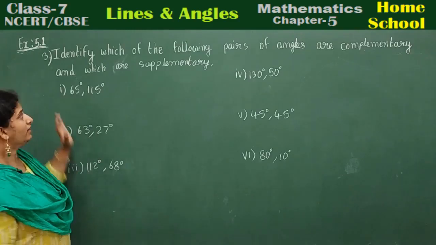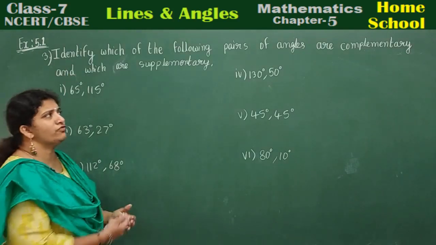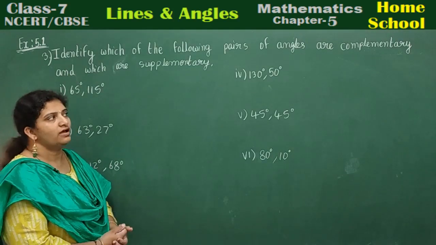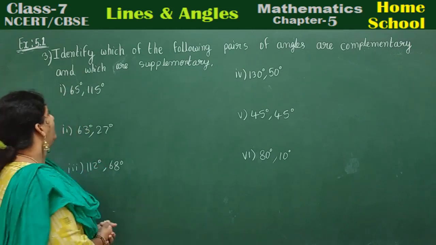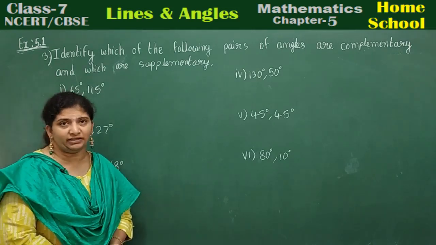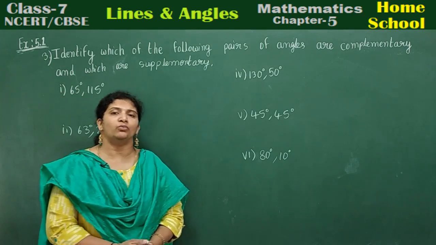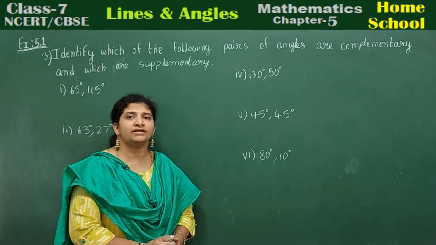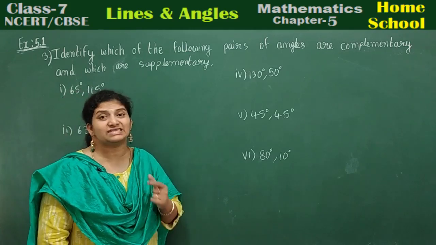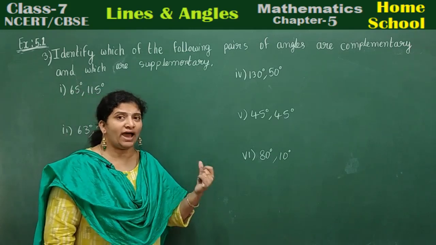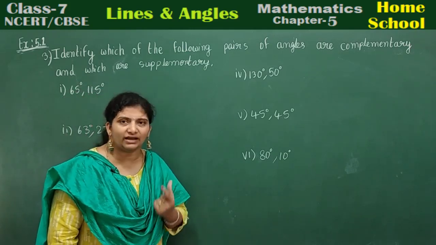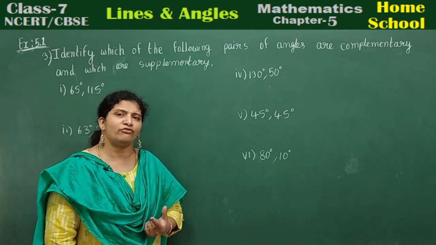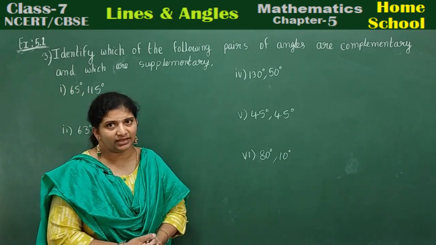See the third main. Identify which of the following pairs of angles are complementary and which are supplementary. You have an idea about what are complementary angles and supplementary angles. Complementary angles mean given pair of angles sum. If you add those two angles, if you get 90, then that pair of angles is called as complementary angles.